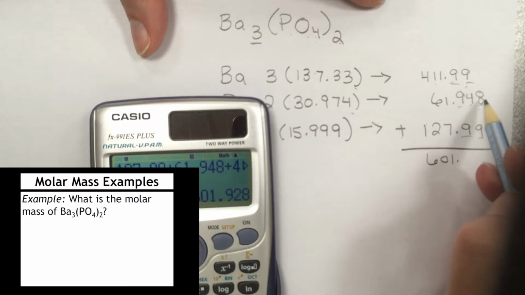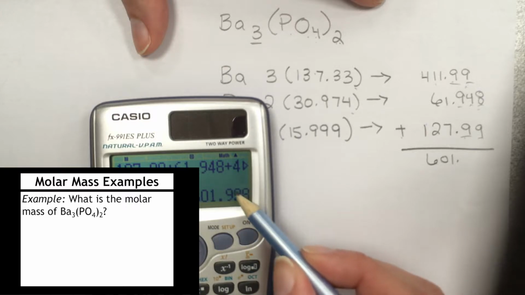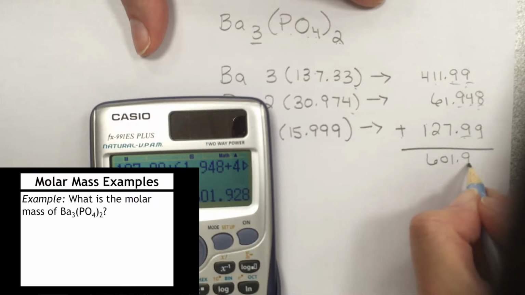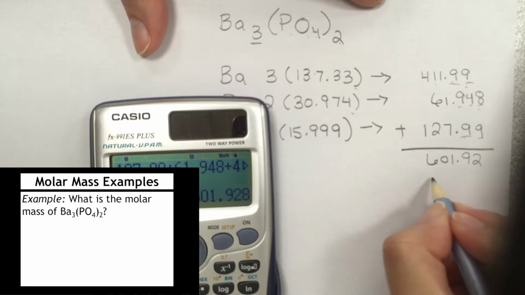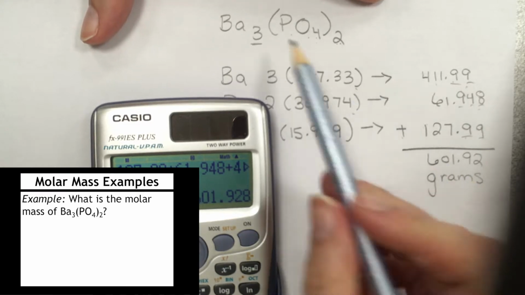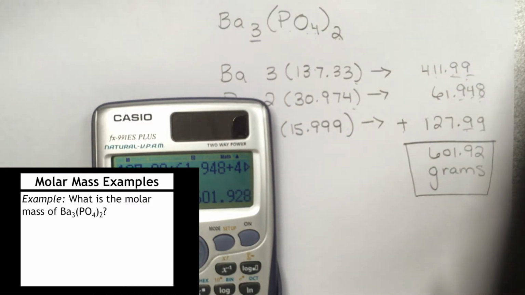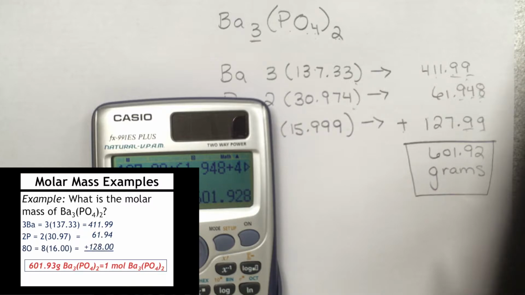So we have 2 here, 3 here, 2 here. The lowest number is 2, so we want to go no further than 2. This is not 0.928. 8 will round that 2 up, so we're going to say 0.92. And our answer is in grams. So the molar mass of barium phosphate is 601.92 grams.